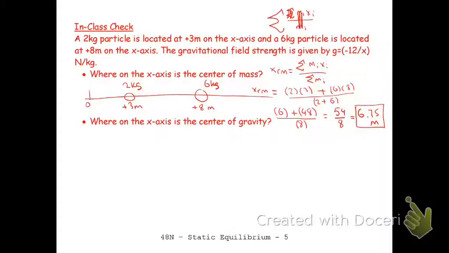Okay. So let's see what would happen now if we had a gravitational pull. So we're going to do a weight. The gravitational pull is minus 12 over x, where x is the position. So this first one is minus 12 over 3, and the second one is minus 12 over 8.